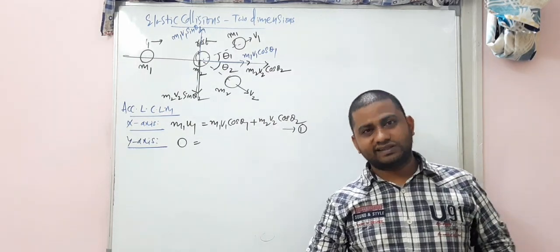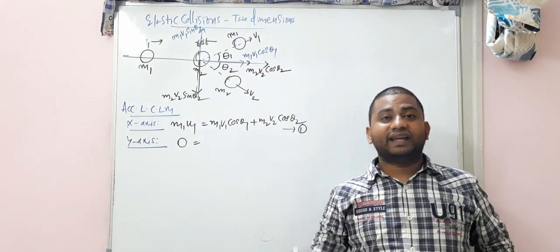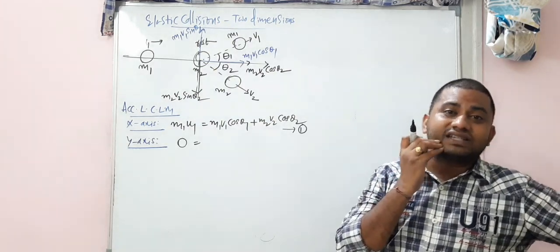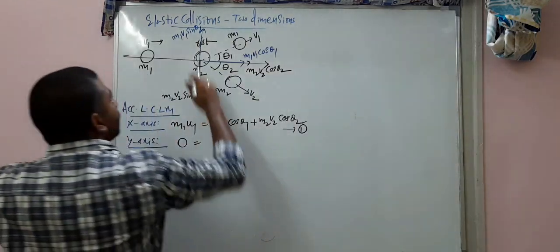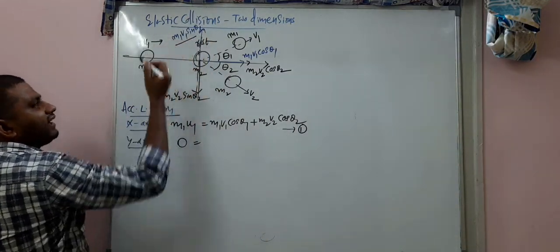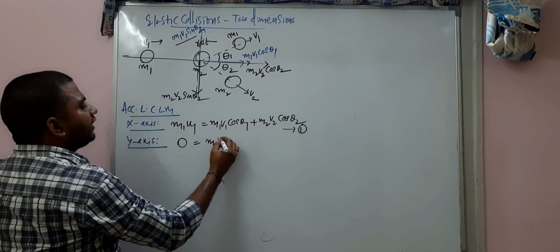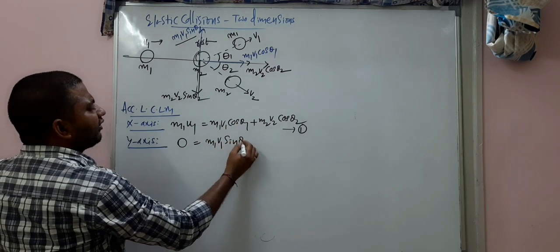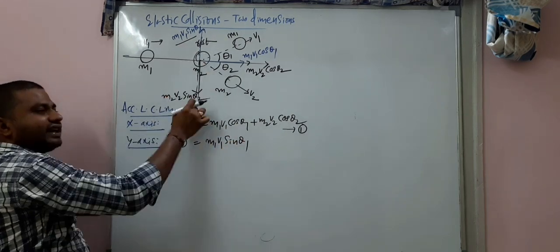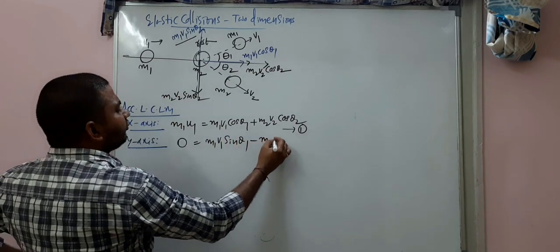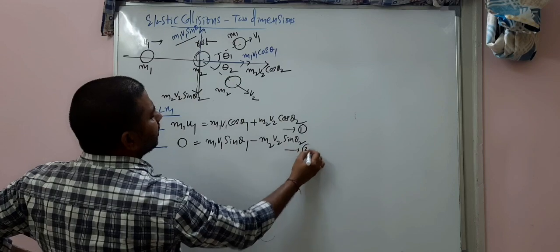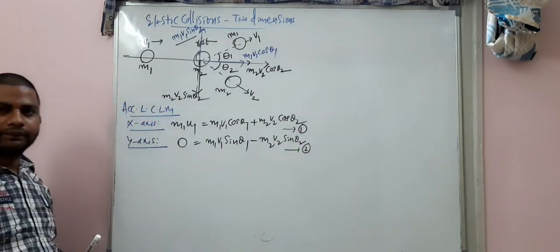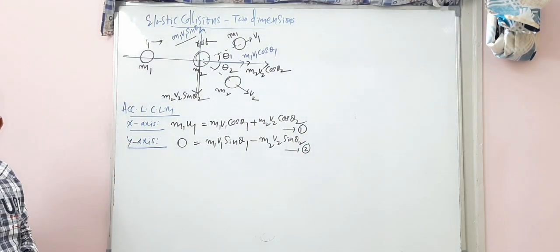But there is a linear momentum of the system after the collision along the y-axis. Along the positive y-axis, it is m1 v1 sin theta 1, and this is negative, so m2 v2 sin theta 2, my dear students. This is equation number 2.